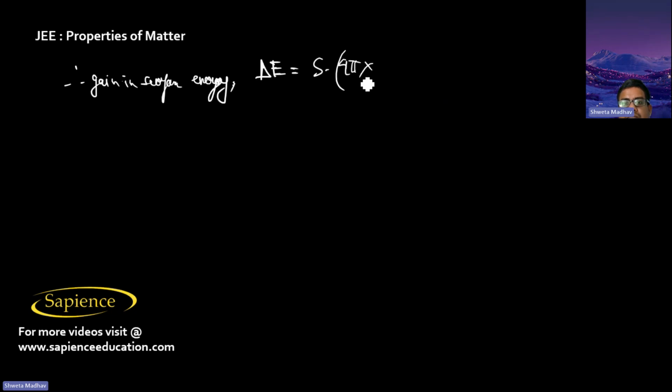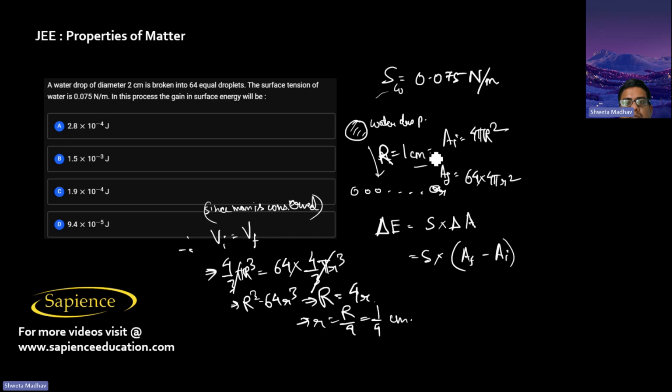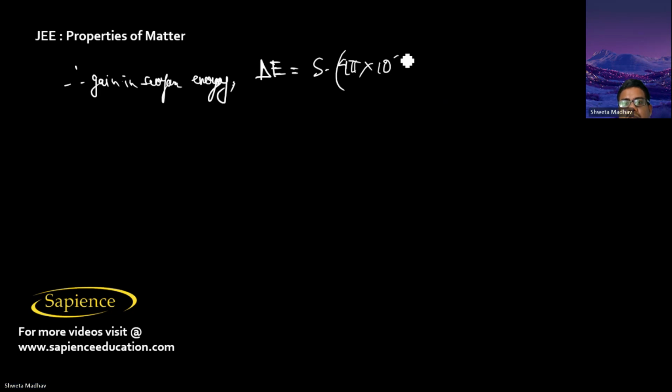Capital R is 1 centimeter, so 10 power minus 2 meter whole square.